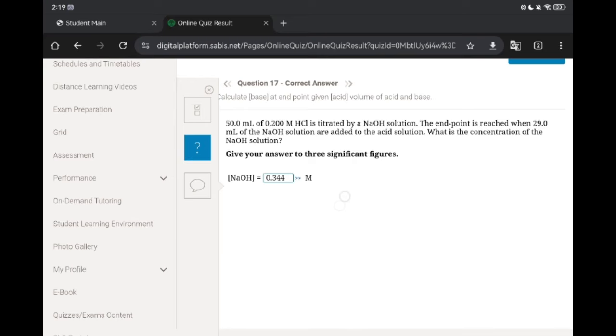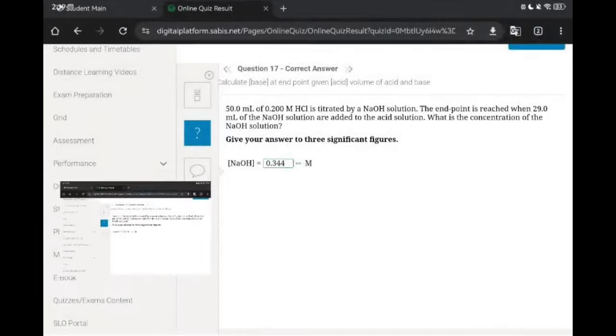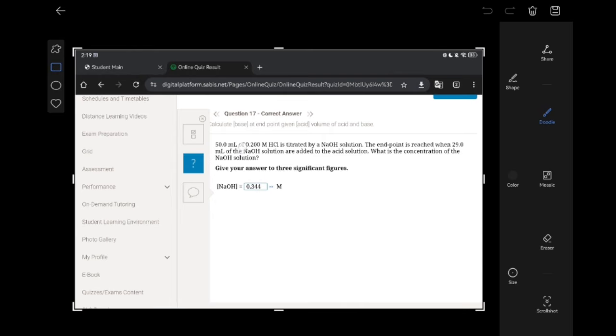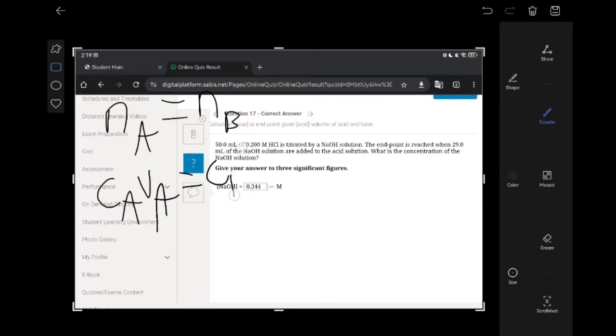So that means N of the acid is equal to N of the base, which means Ca Va equals Cb Vb. You're trying to find Cb right now.